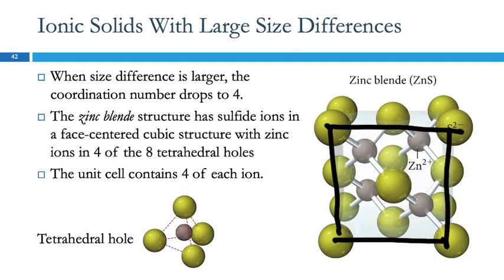So this is also face-centered. But now, instead of the zinc ions being along these edges like the sodium was, these are kind of stuck in the middle. These are called tetrahedral holes because if you look at how this guy is stuck between 4 different sulfide ions, that's a hole in this tetrahedron.